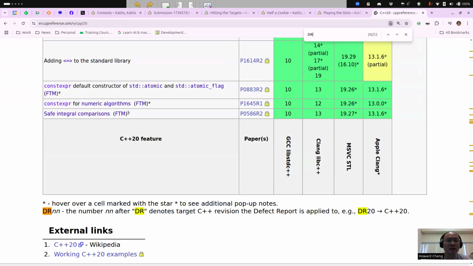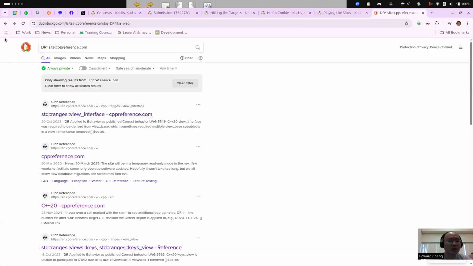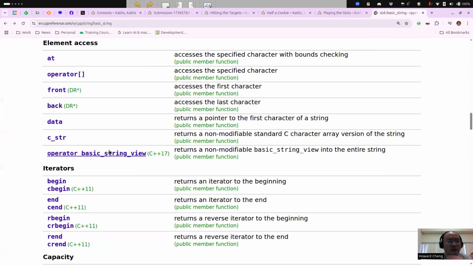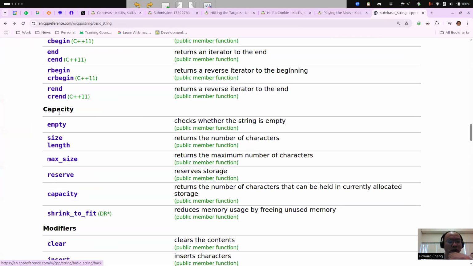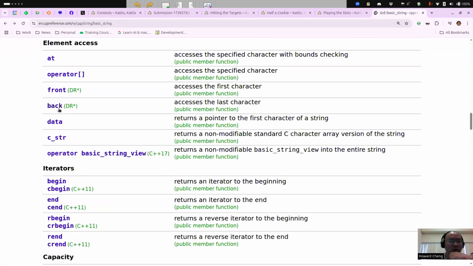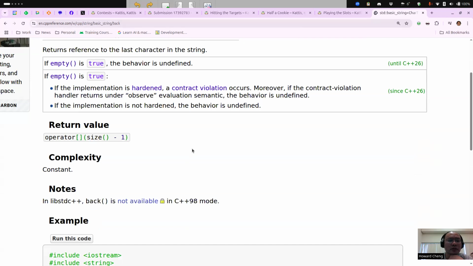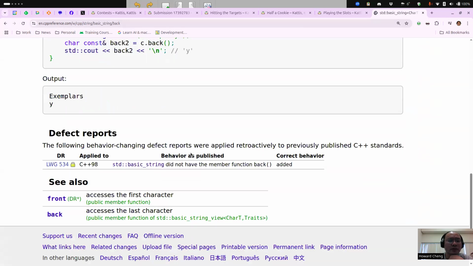Hover over star to see additional notes. Okay, so I'm not really sure what DR star stands for, but maybe it's something that wasn't working before and now it's added or something like that. Back since C++20.